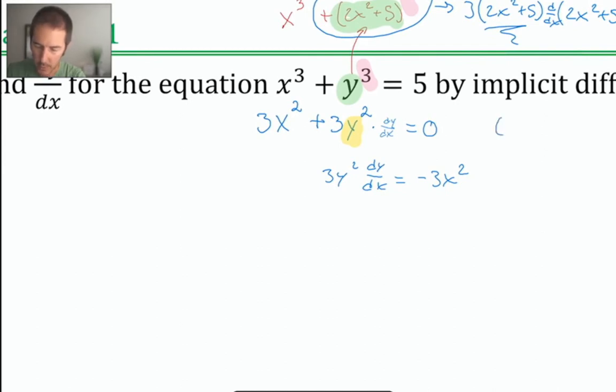And if you want to put little notes out here, you can. We subtracted 3x squared from both sides, and now I'm going to divide both sides by 3y squared. And then simplify.